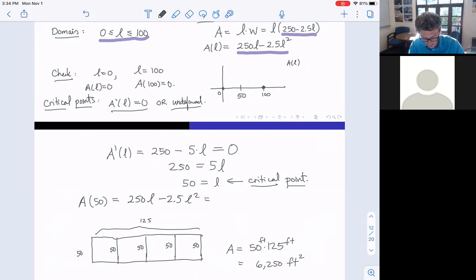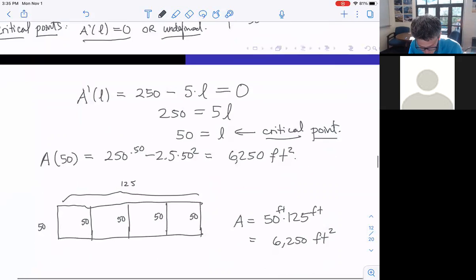If I plug 50 into this equation, I'm going to get 250 times 50 minus 2.5 times 50 squared. I've double checked myself to make sure I haven't made any mistakes, and I indeed get the same answer.